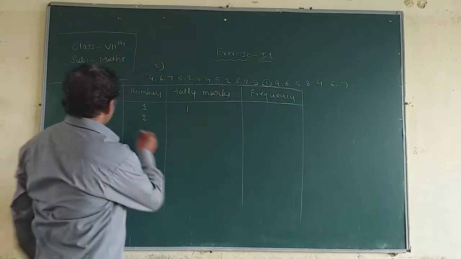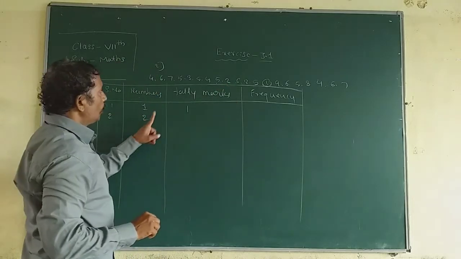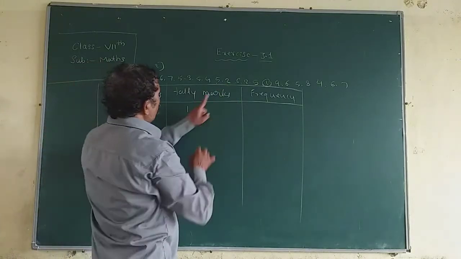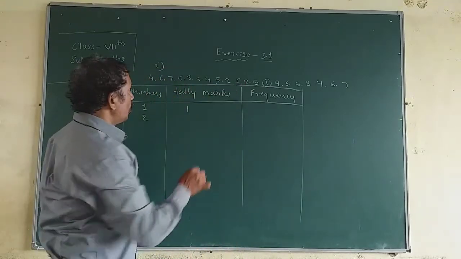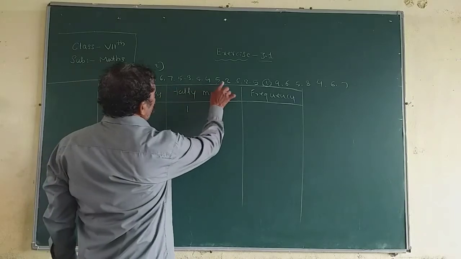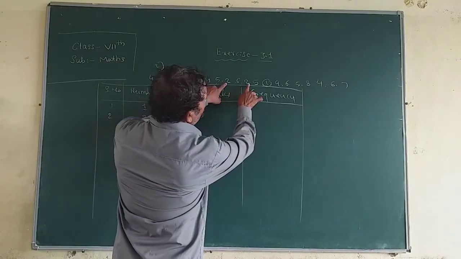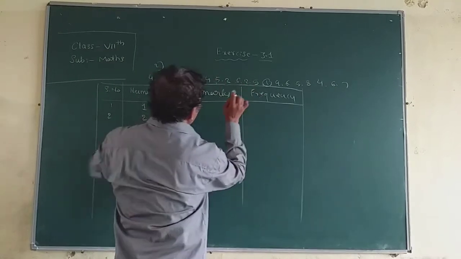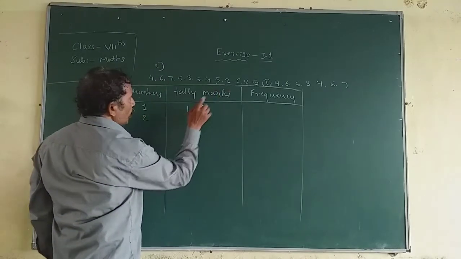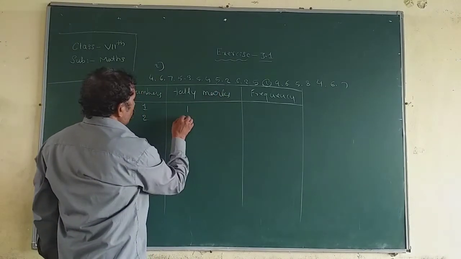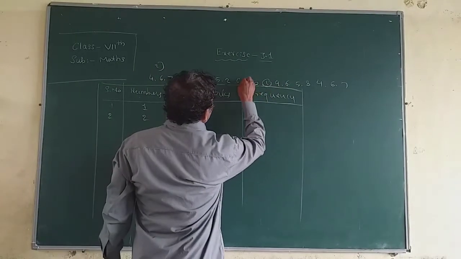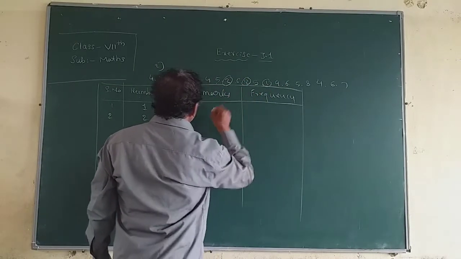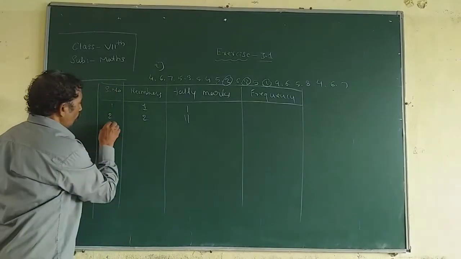Then second one, number 2. Find how many times 2 appears in the given list of numbers. 2 appears 2 times, therefore put 2 tallies. Now circle 2. Then 3.